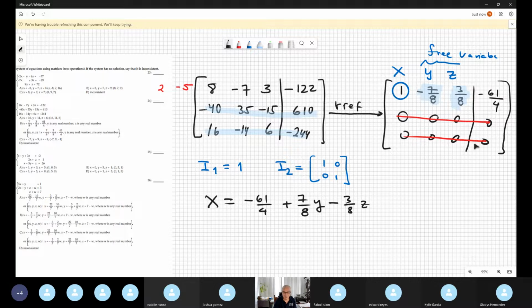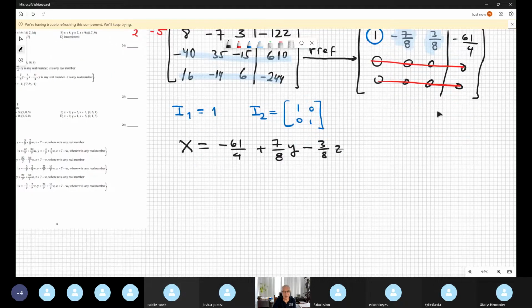So you declare, either way, like that: the solution is the ordered triple in 3-dimensional space, such that x is equal to that expression. I want to copy it again.